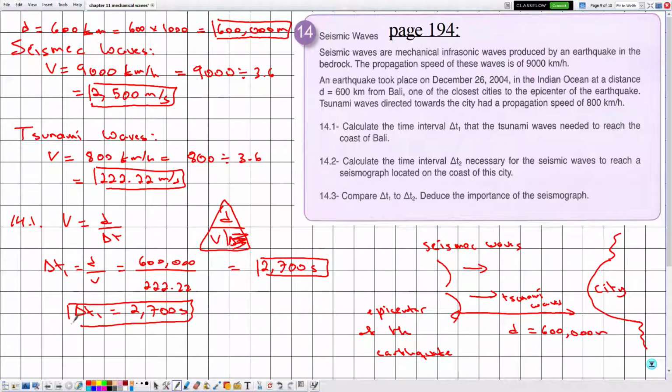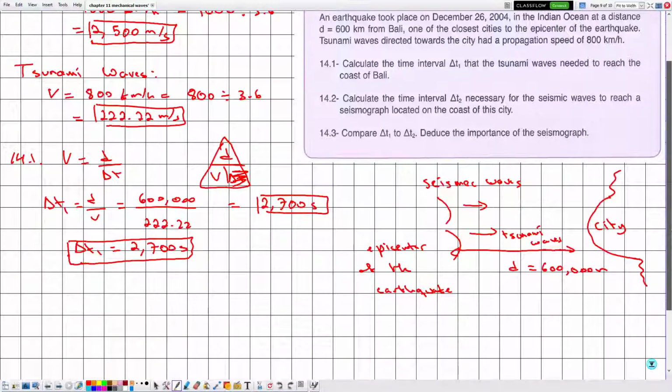So what does this time represent? This time represents the duration required for the tsunami waves to reach from the epicenter of the earthquake, happening at the center of the water, to the coast of the city.